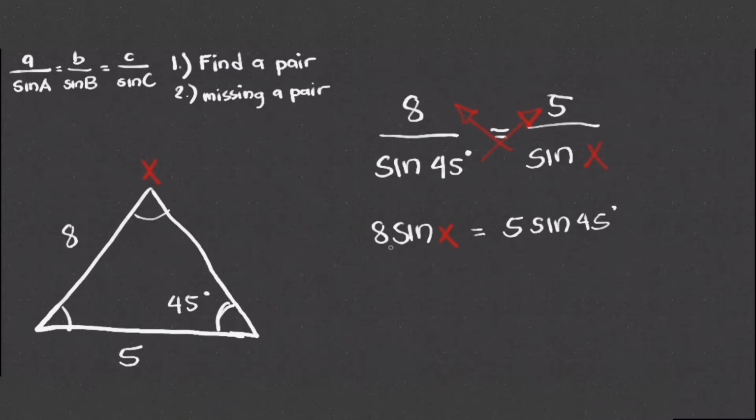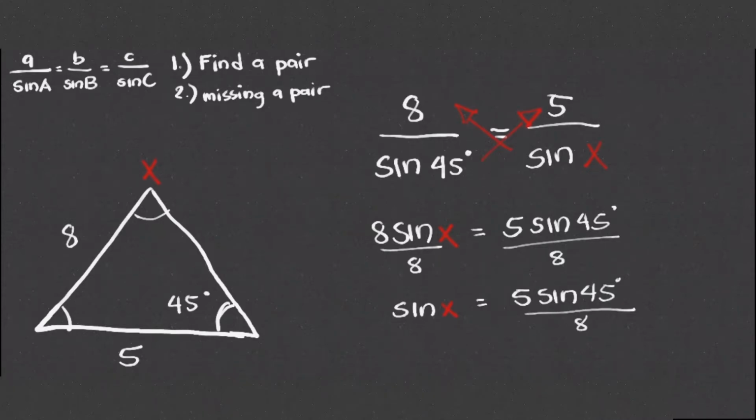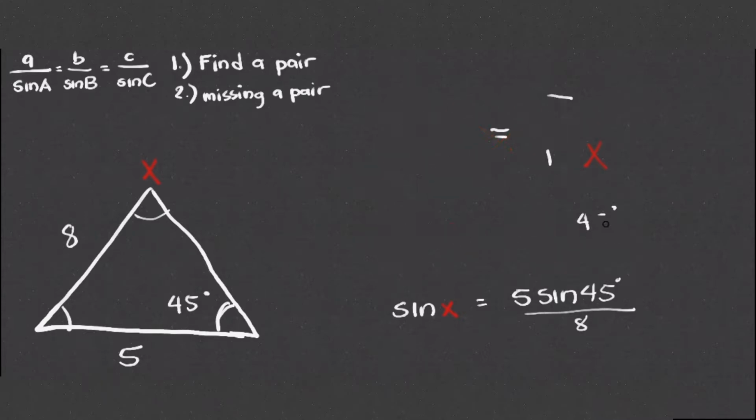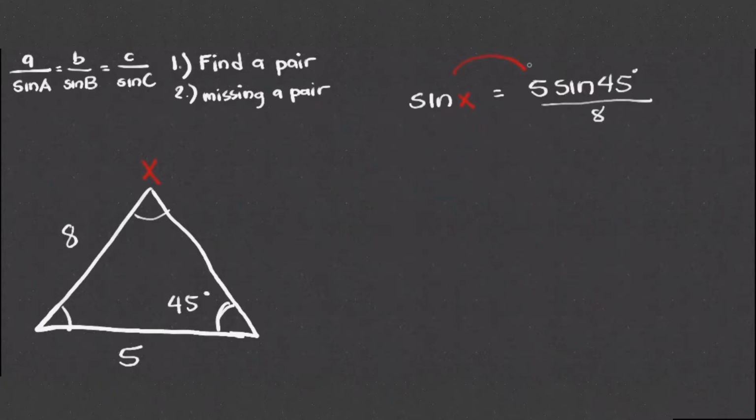So let's get rid of the 8 by dividing both sides. So sine x is equal to 5 sine 45 degrees over 8. And in order to solve for the angle x, we need to transpose the sine to the other side.